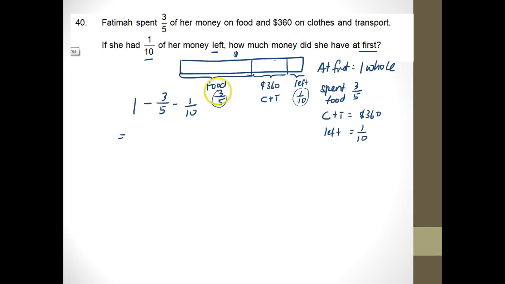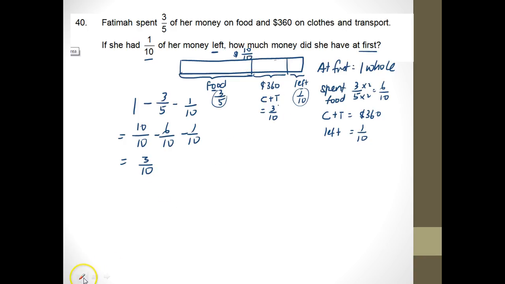I take 1 whole minus the food minus the left. So 1 whole is 10/10. 3/5 would be 6/10. 10/10 minus 6/10 minus 1/10. So it will be 3/10. So I know this is 3/10. 6/10 plus 3/10 plus 1/10 will give me 1 whole, which is 10/10.